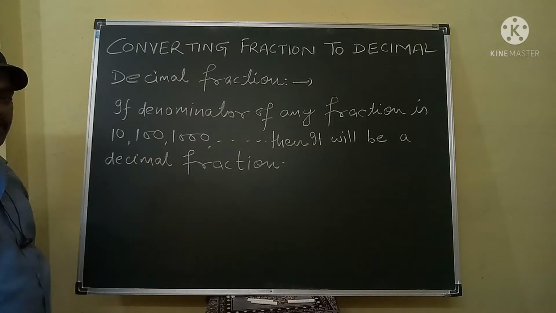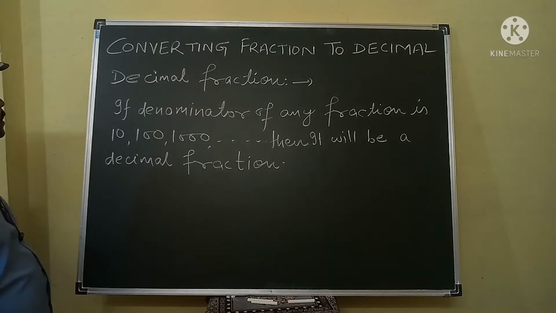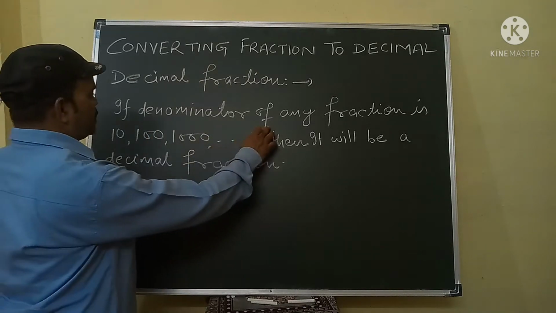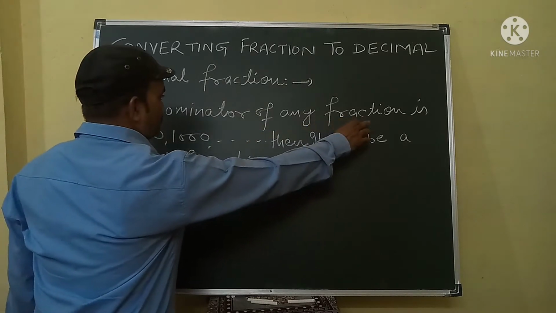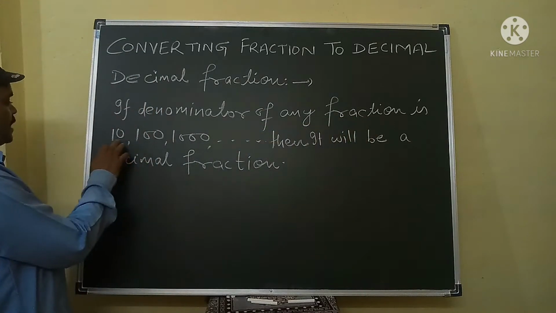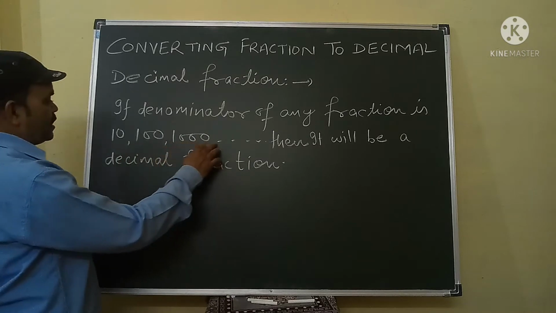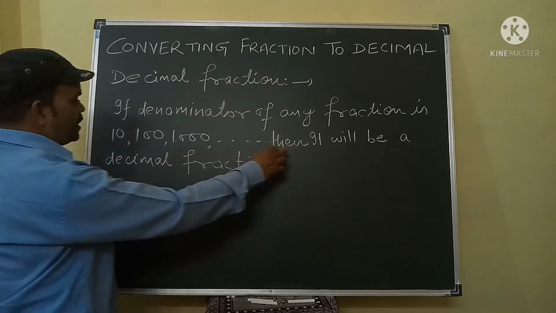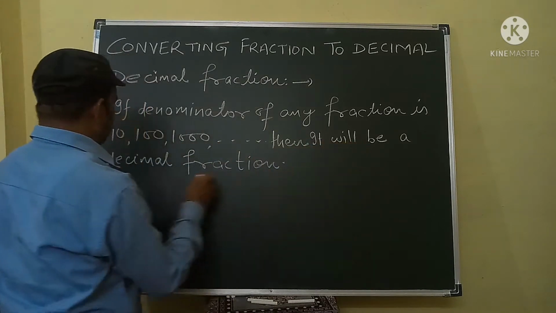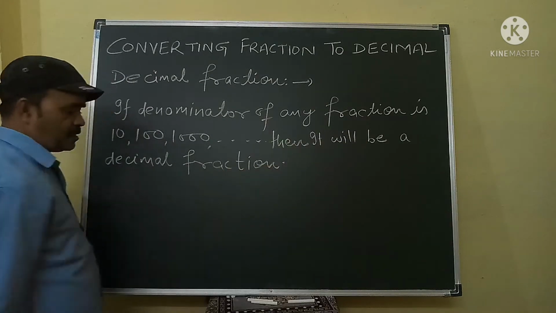As we have already discussed, decimal fraction means if the denominator of any fraction is 10, 100, 1000 and so on, then it will be a decimal fraction.